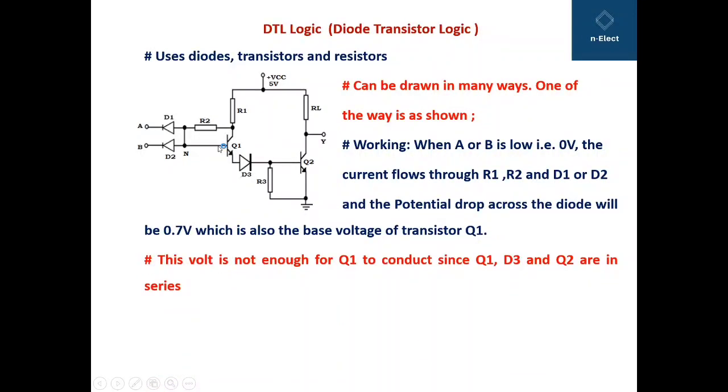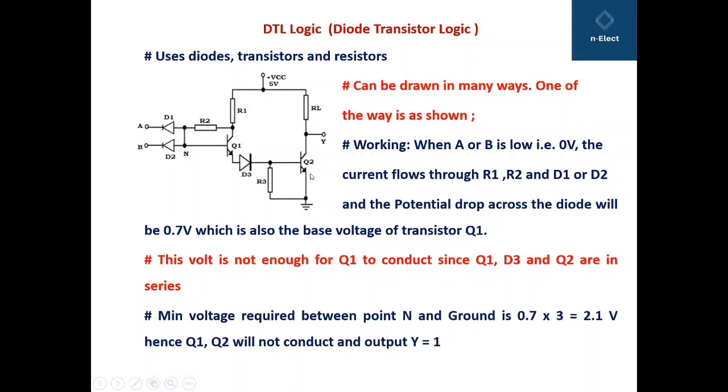This voltage, that is 0.7 volt at the base of Q1, is not enough for Q1 to conduct, since Q1, D3 and Q2 are in series, and therefore the minimum voltage required between point N and ground is 0.7 for the diode, 0.7 for Q1 and 0.7 for Q2, that is 0.7 multiplied by 3, equal to 2.1 volts.